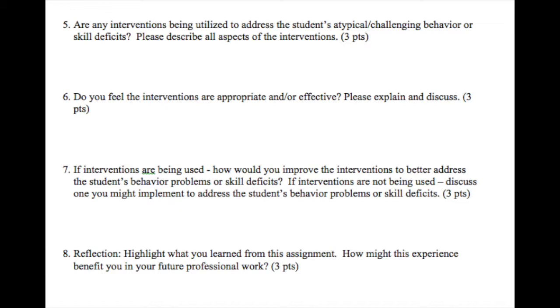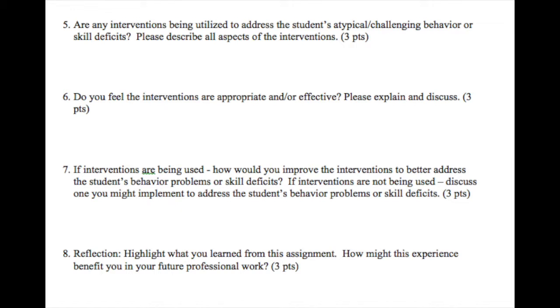So just make sure that you talk about either why you would improve it, or why you think that the intervention is appropriate. Just make sure you support your claims. And if a behavioral intervention is not being used, talk about what the teacher could do to improve the student's behavior. You can use your observations to help you support your claims and talk about what behaviors need to be worked on.